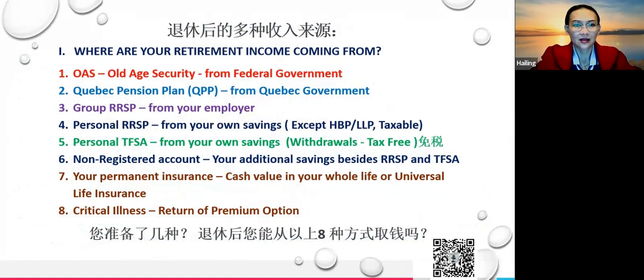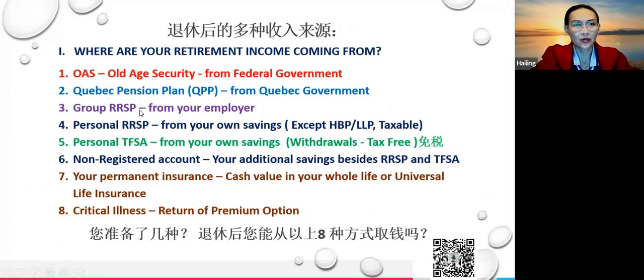Tax-free saving account is a very important tool for us to generate income supplements for our retirement. So we always mention that there are 8 ways for you to build your retirement portfolio. Of course, the money comes from government: old age security, in Quebec QPP, outside of Quebec CPP, those are the government pensions.